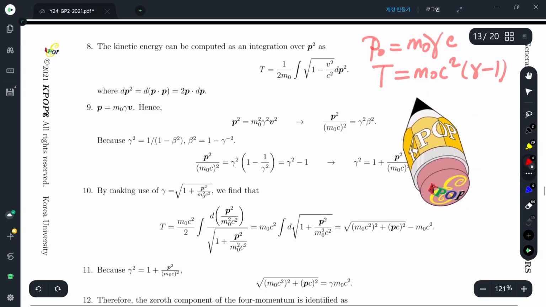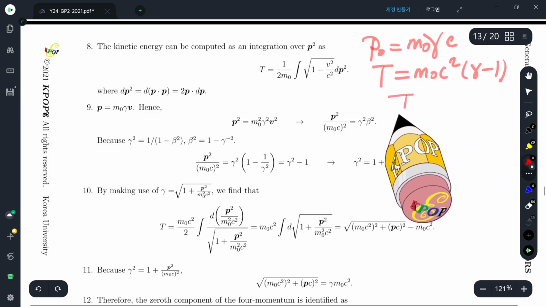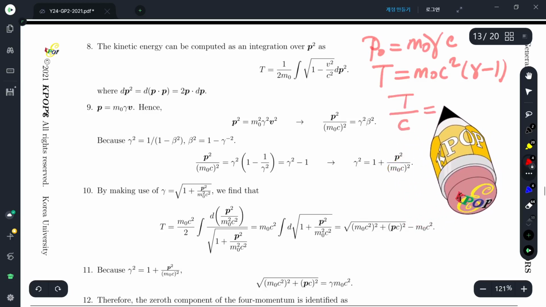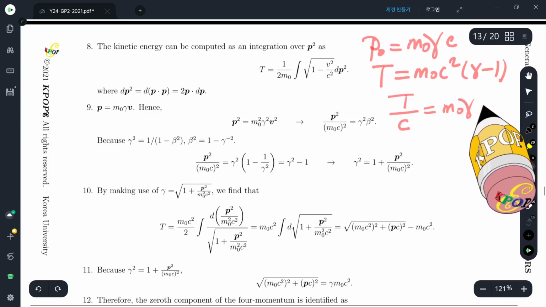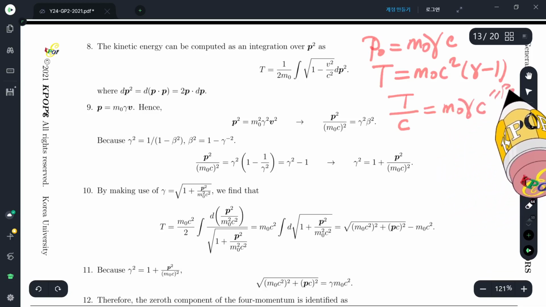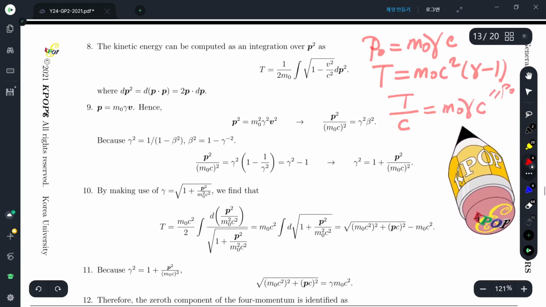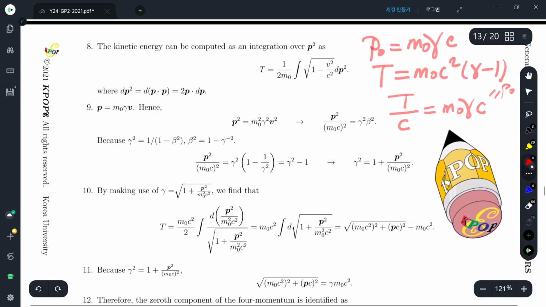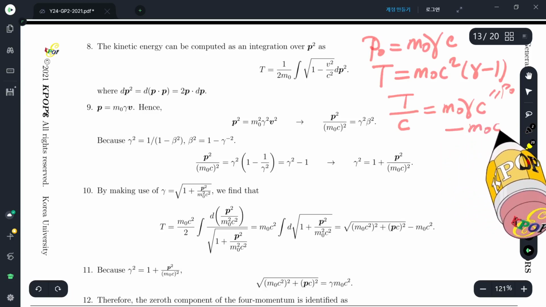So, kinetic energy divided by the speed of light equals m0 gamma c. That's right, this is P0. However, we need to subtract m0c.